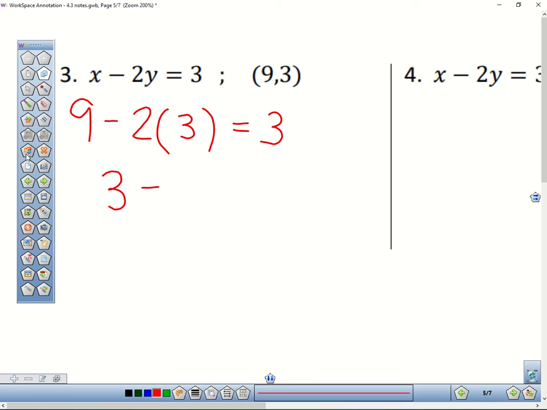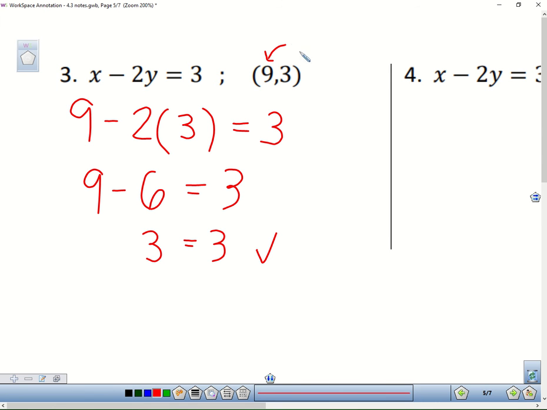I don't know why I put a 3 there. 9 minus 6 equals 3. Is that true or false? Yes, it's true. So it is a solution. Does that make sense so far?